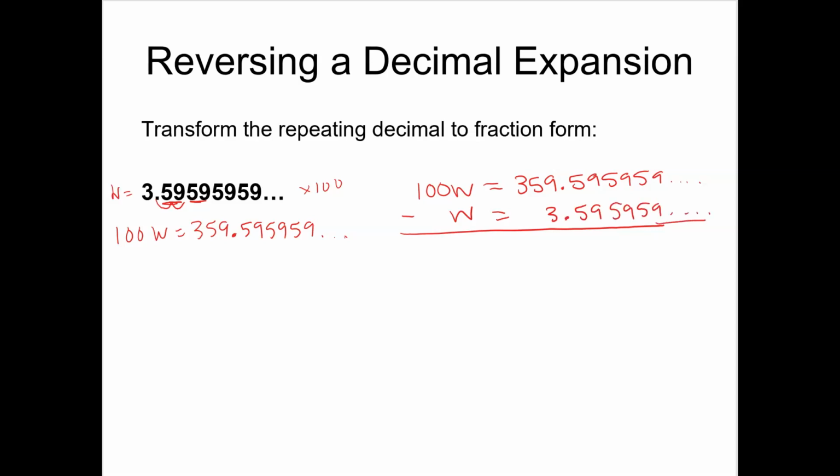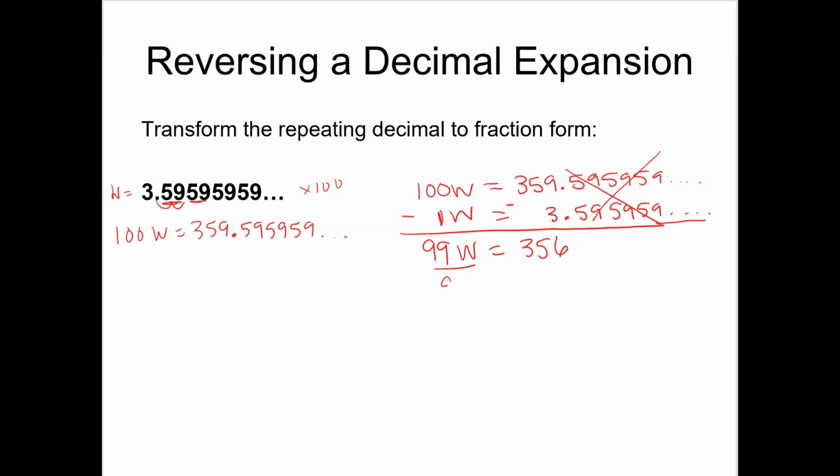Now, because I multiplied by 100, which means I got the pattern to restart, when I subtract these, those just go away. What's 100W minus 1W is 99W. And over here, I can do 359 minus 3 gives me 356. I've gotten rid of the repeating portion because of how I multiplied it.